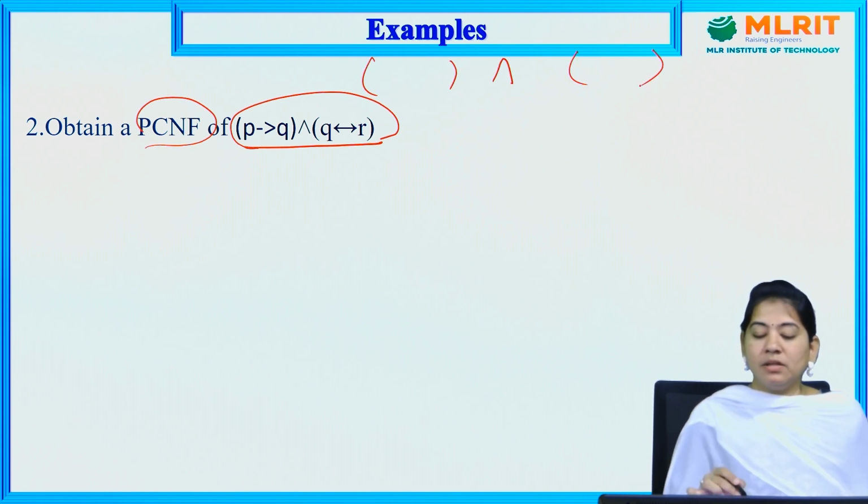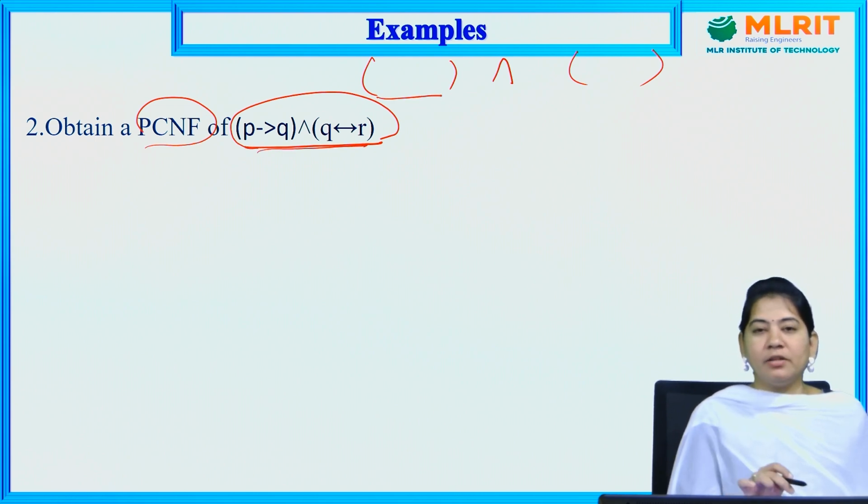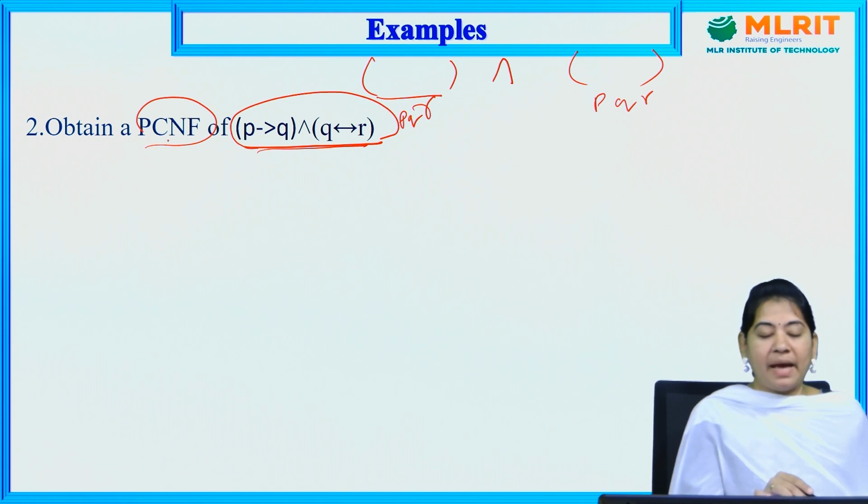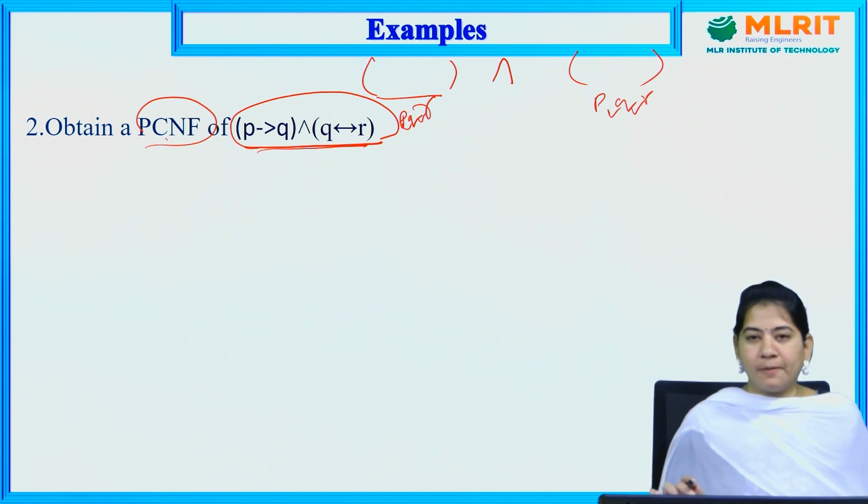Those max terms should have all the variables which are there in the question. As we have three variables, all three should be present, in the form of max terms. Max terms means in between you should have only OR. That we need to follow to get the answer.